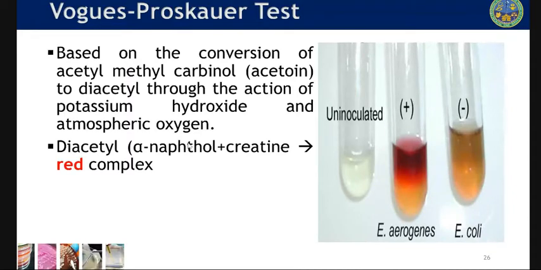Again, always include a control with your test system. For VP testing, you can make use of Klebsiella aerogenes as a control organism when you have several panels of biochemical tests, to note again if the test system really works.